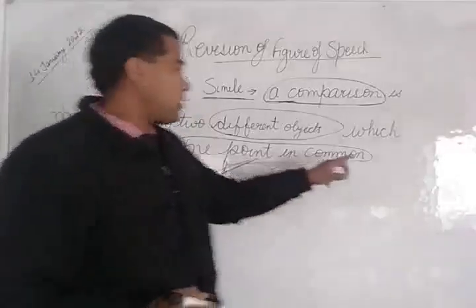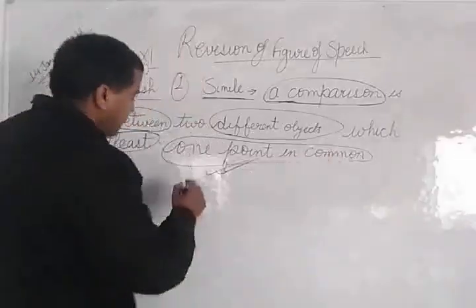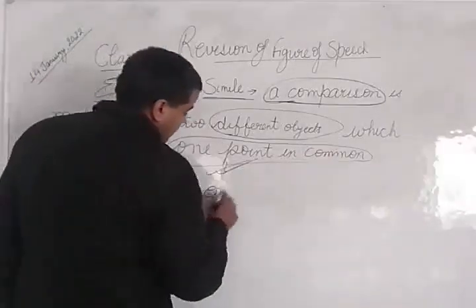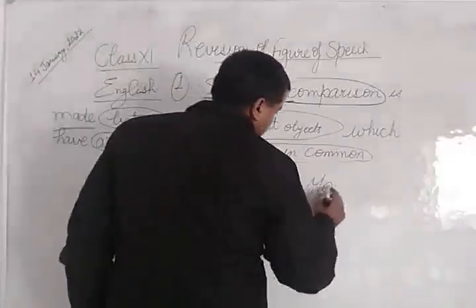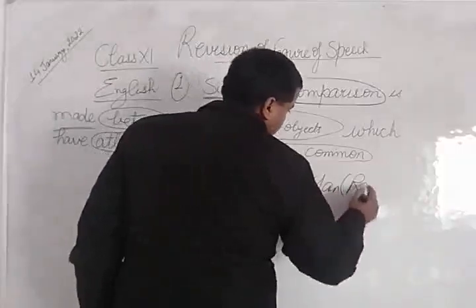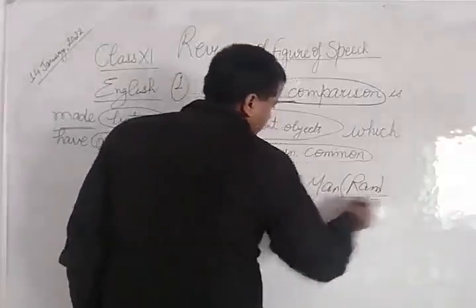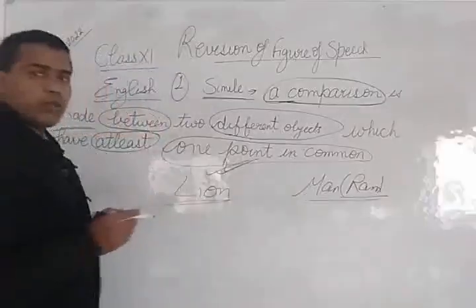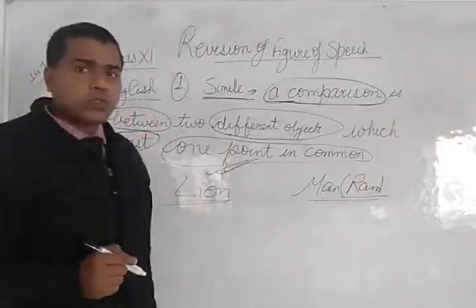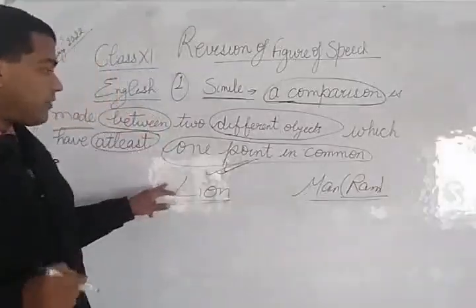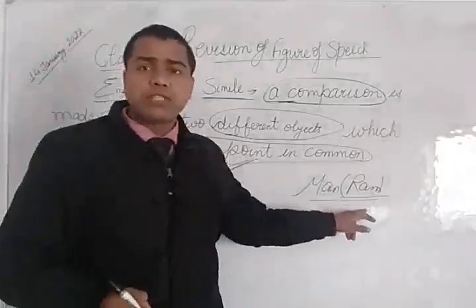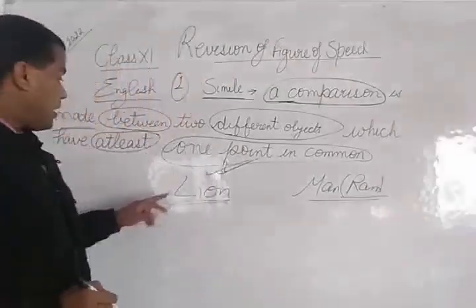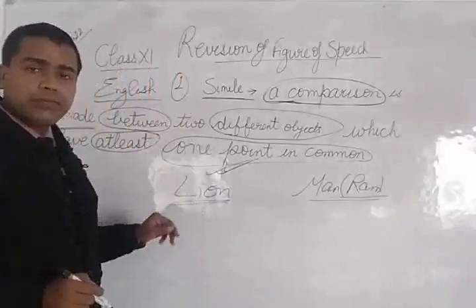One point in common. Suppose you are comparing a lion with Ram. Ram is a human being and lion is an animal.